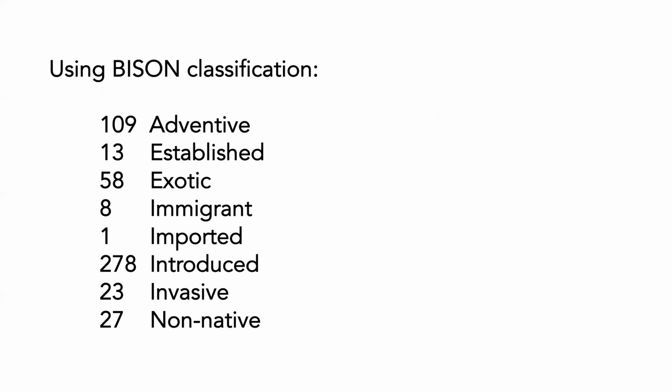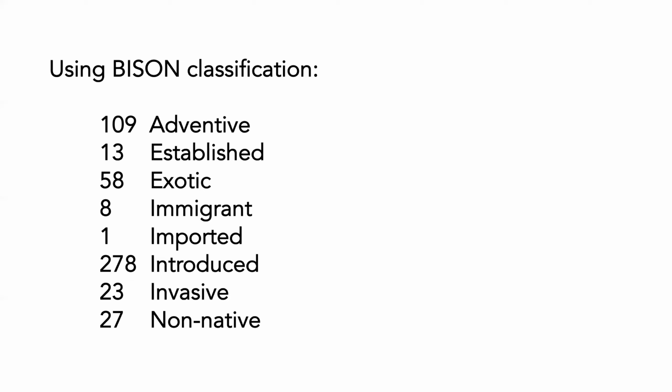Now, I do not generally work on introduced invasive non-native species, so I'm not certain what the differences are or if the differences are important amongst all the different groups. But if we just use the BISON database classification, it looks like we have 23 that are invasive and 58 that are known to be exotic.